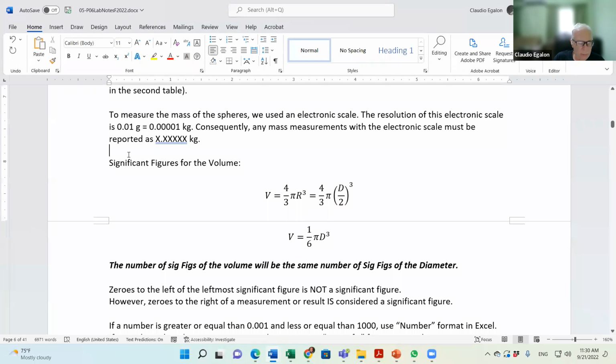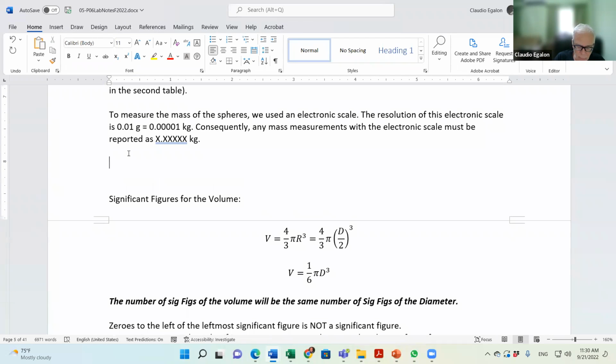Just to emphasize here, to report a given measurement, you must report up to the decimal place of the resolution of your device, of your instrument.